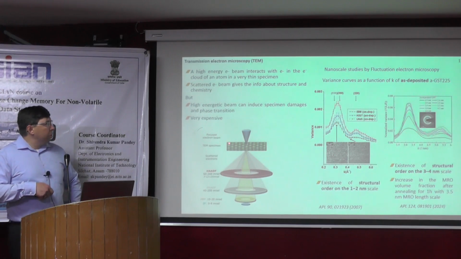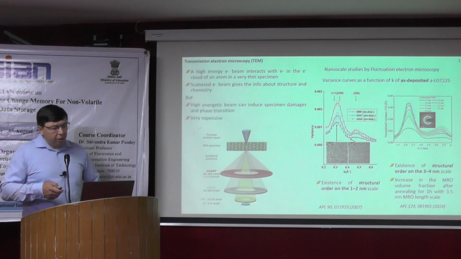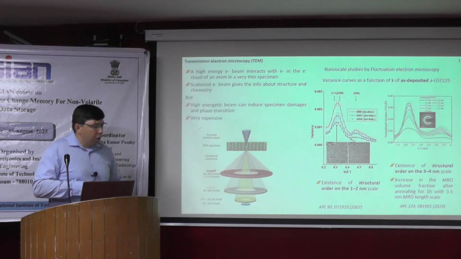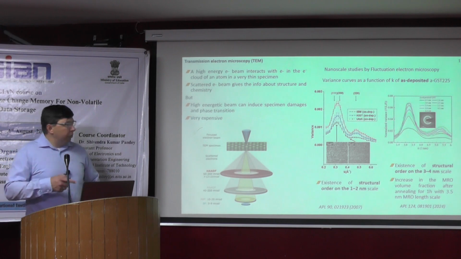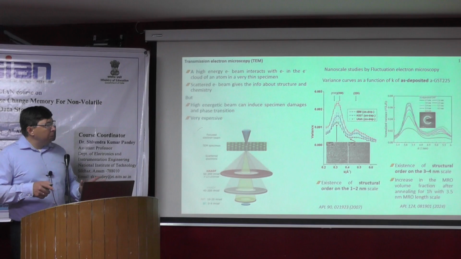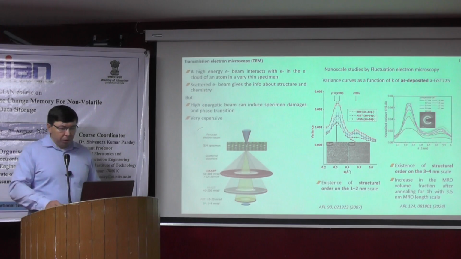So if you use wrong setups, you can also increase the order in your material. So you can influence the structure. But overall, there is a medium range order in the amorphous GST existing on the scale between 1 and 4 nanometers.